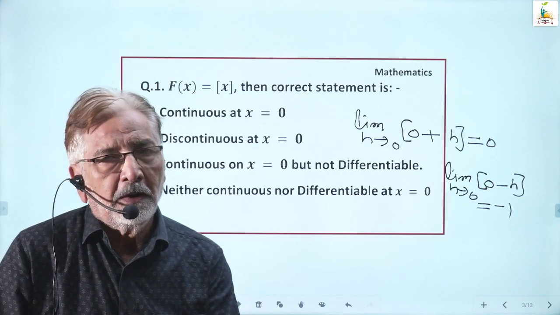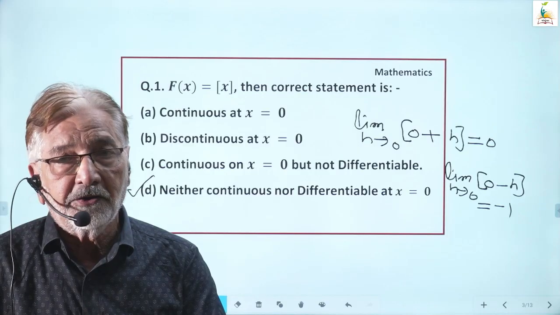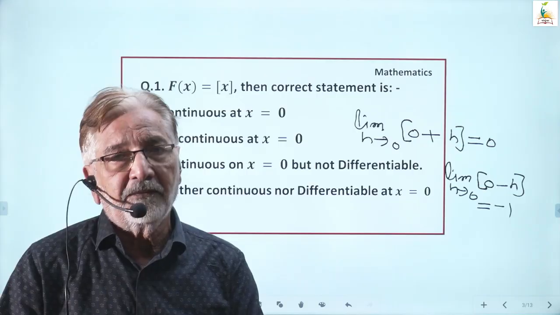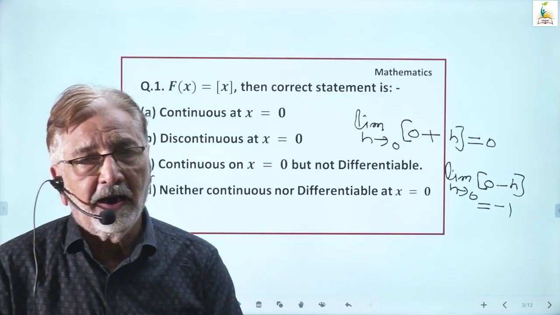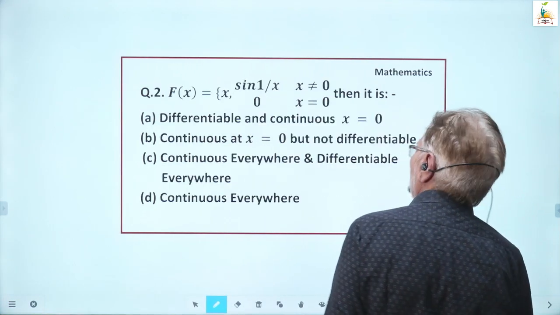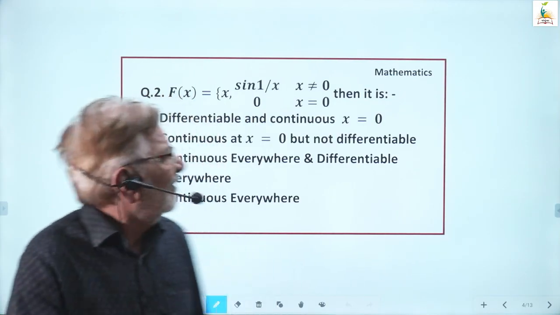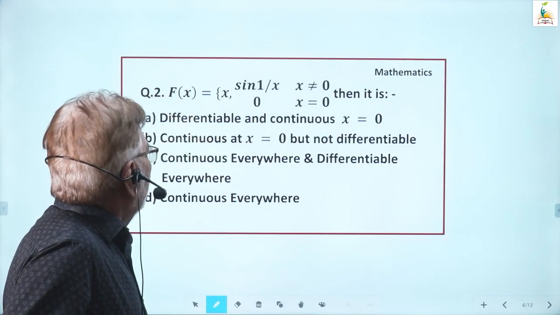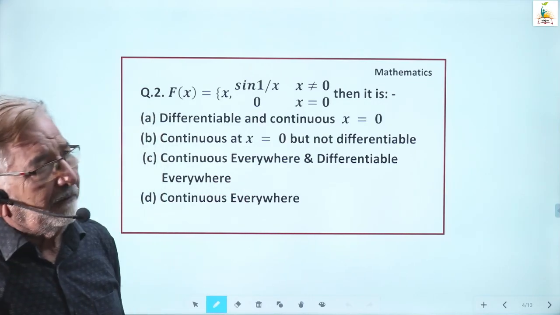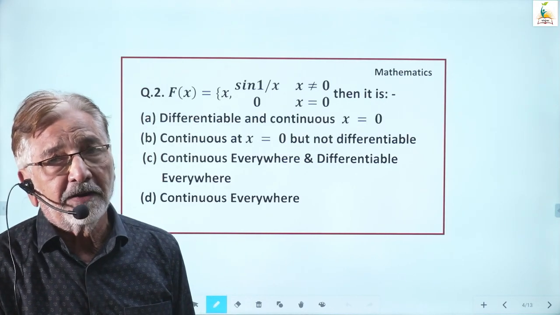What I told you, questions of differentiability are always mixed with continuity, and to test them we require step functions, limits, continuity, everything. So let us see the second example. f(x) equal to x sine(1/x) when x is not equal to 0, and 0 when x equal to 0. In the previous video, we have done this question. f(x) equal to x sine(1/x) is continuous at x equal to 0.